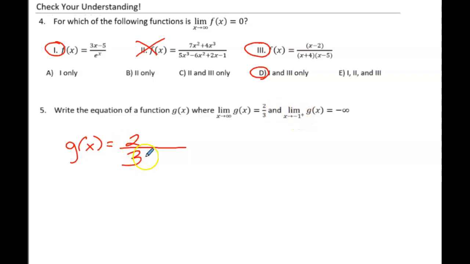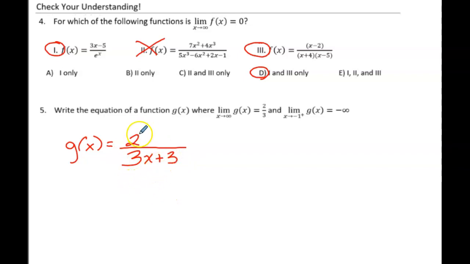So if we made this a 3x plus 3, then that would cause a vertical asymptote at -1, because 3 times -1 is -3, plus 3 is 0, and that would be a vertical asymptote when the denominator equals 0.